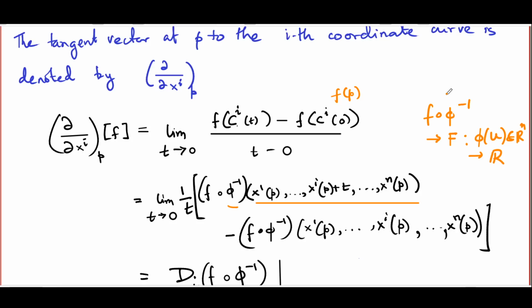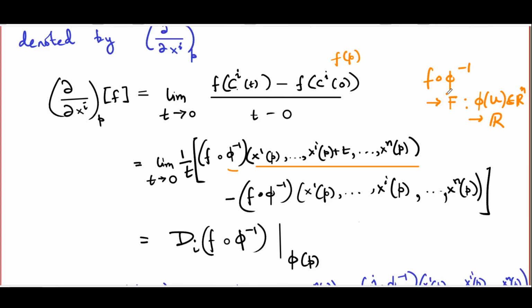Now coming back to this particular expression, it's pretty easy to see that this is something familiar to all of us. After all, what we have is a function f composite phi inverse of n real numbers.